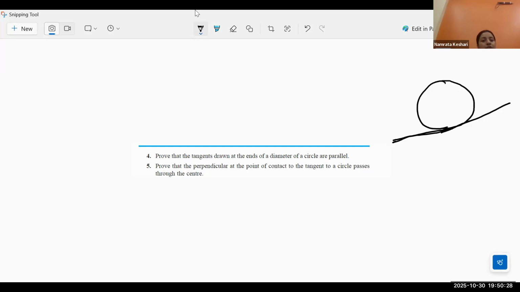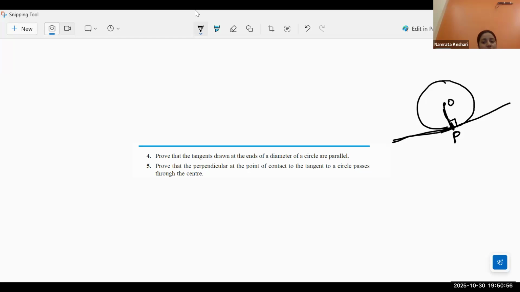Okay, we have to prove that the perpendicular at a point of contact to the tangent. Now on this point of contact, suppose this is P. Now we have to show that the perpendicular at the point of contact to the tangent to a circle passes through the center.